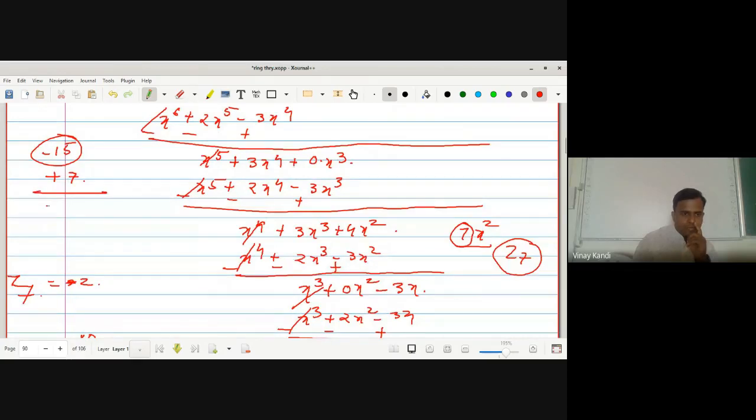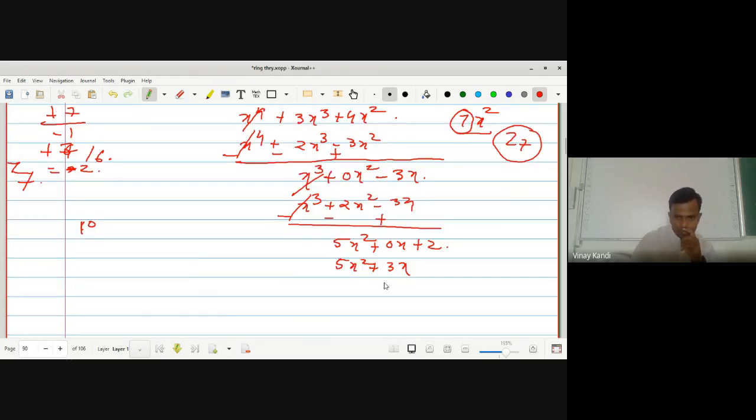7 ऍड केलं की किती येईल, -8 हो ना. पुन्हा 7 ऍड केलं किती येईल, -1 येईल. पुन्हा 7 ऍड केलं किती येईल, 6. सो हियर राईट प्लस 6. Okay, so this get cancelled. This is 3x minus, तुमचं मायनस होईल ना, मायनस मायनस, minus 3x.